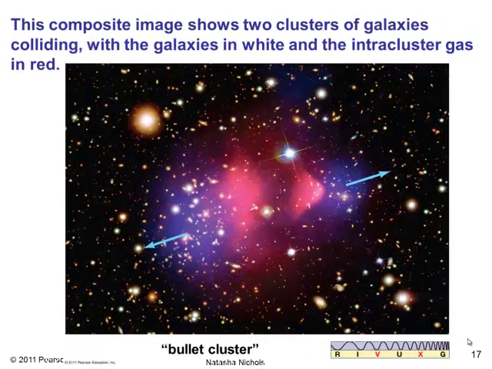And of course, clusters of galaxies must occasionally collide, as this one, having the innocuous catalog name 1E0657-56 and the nickname Bullet Cluster. This is a composite image of a region about 1 billion parsecs away, showing optical light from the galaxies themselves in white and hot X-ray emitting gas from the intracluster gas in red.